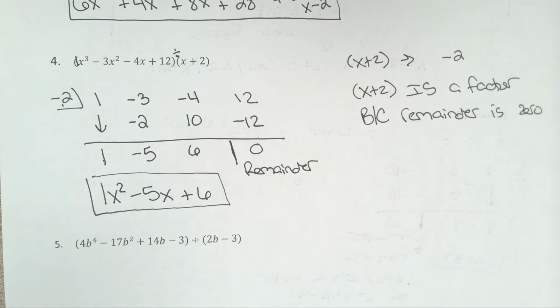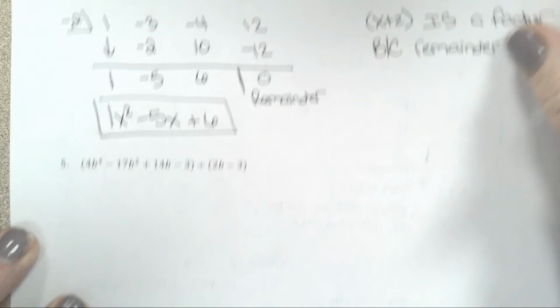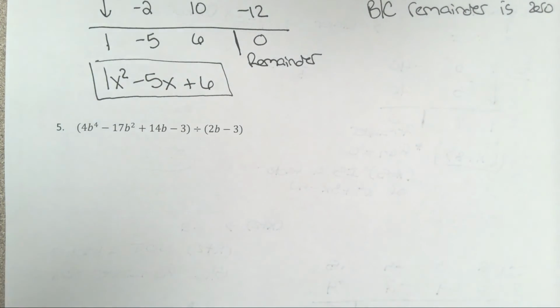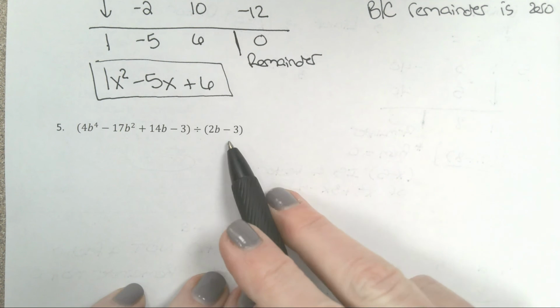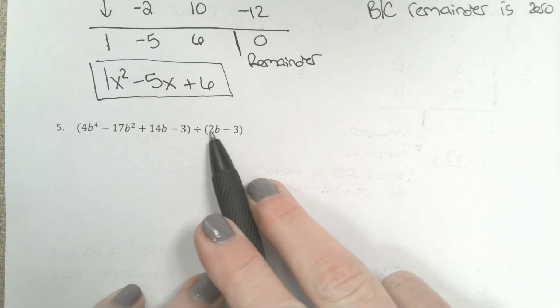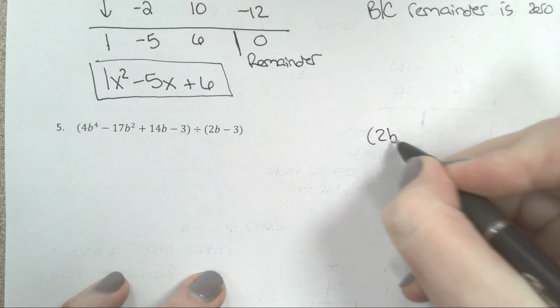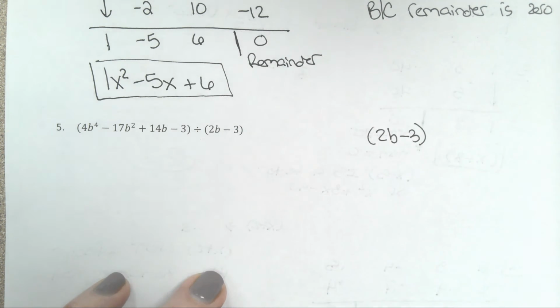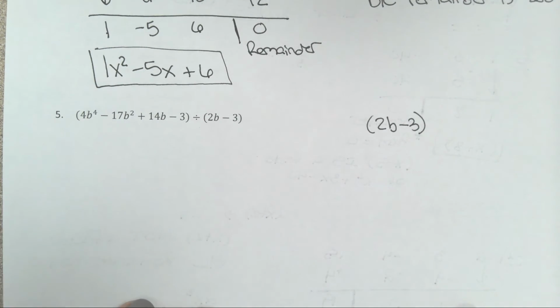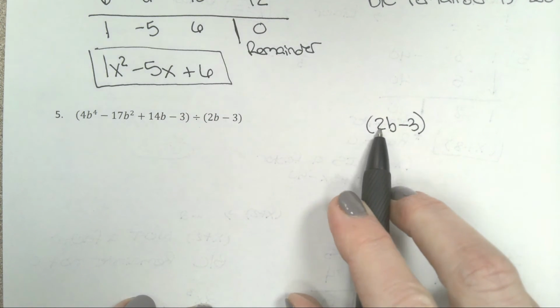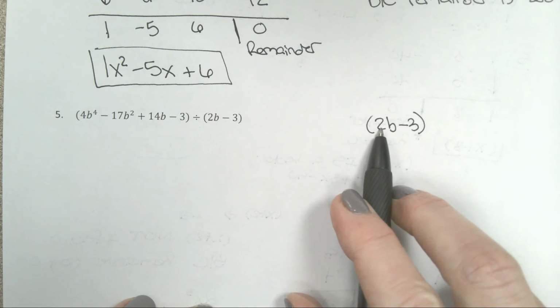Ooh, number 5. Here's a hard one. All right, so far everything else was a linear term. And there was no number in front of that. This is still a linear term, my bad. So I have 2b minus 3. Okay, so what am I going to use? Well, you can't have a number here in front of the b.